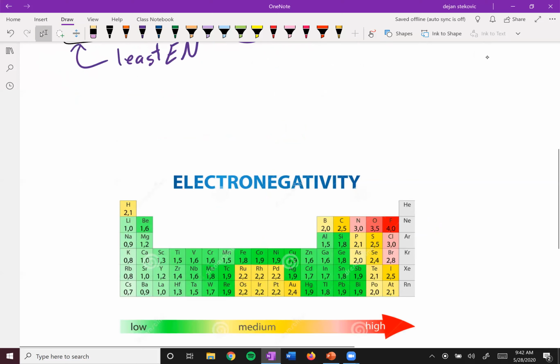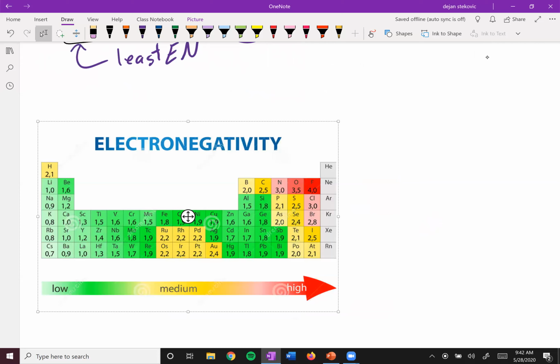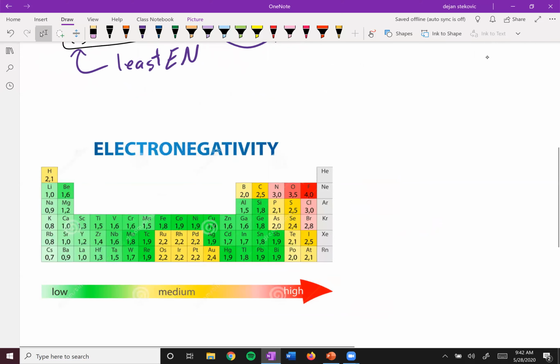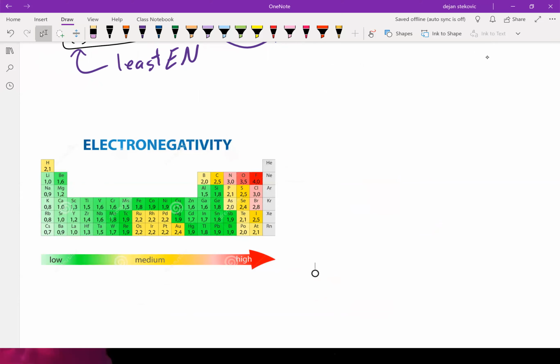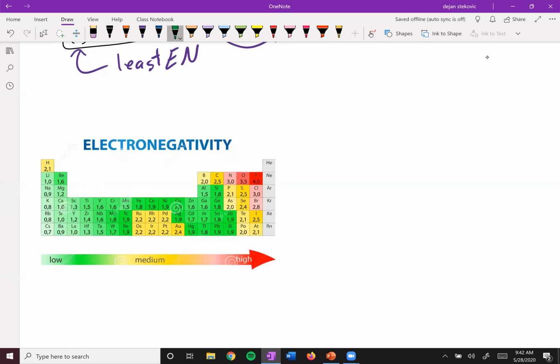You don't have to know these numbers, but you just want to know the trend and be able to identify which atom is more electronegative than another. So you can see, as we've indicated previously, fluorine is the most electronegative, and then cesium is the least. And then as we go towards the top right, we get more and more electronegative.